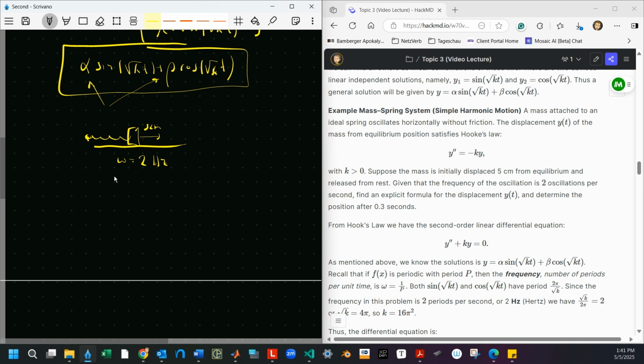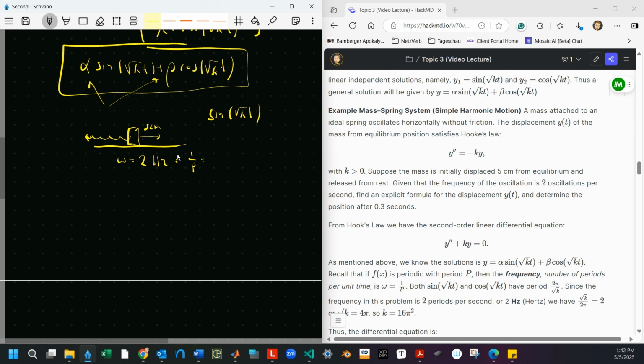Okay, so one thing is that the frequency is 1 over the period. The period of sine t is 2 pi, and so the period of sine ct is 2 pi over c, because you contract by a factor of c.